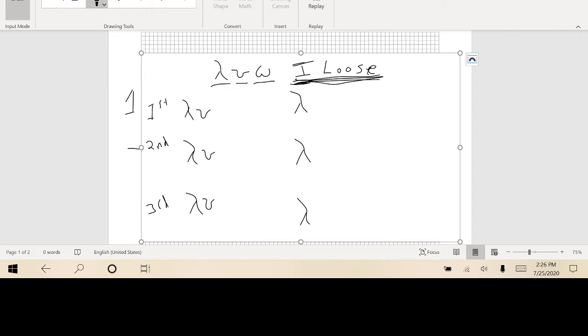But then that in and of itself, lu, kind of doesn't mean anything yet because it means loose, like to loose, but who's loosing and when? Those are the things that we can determine by the ending. So Lu-o means I loose. First person, and then the verb. I loose.